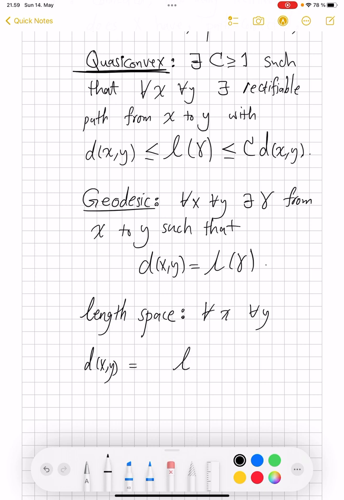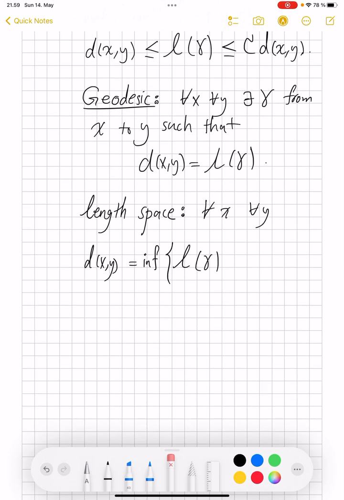If you say that this is the length of gamma, this would be geodesic. But then you say, okay, there isn't any such path, but you can get infinitely close. So d(x,y) is the infimum of the length of gamma over all gamma that join x to y.